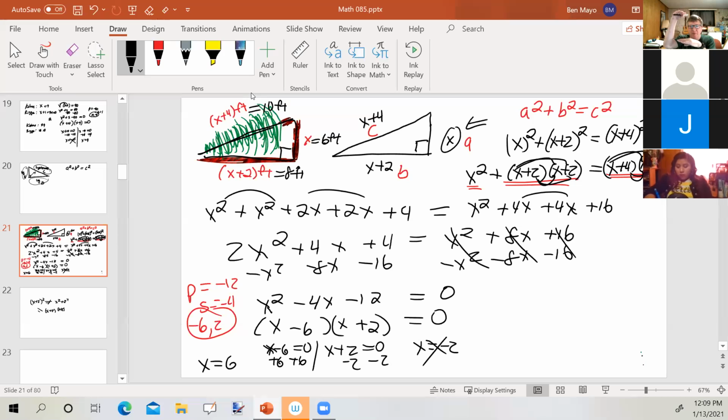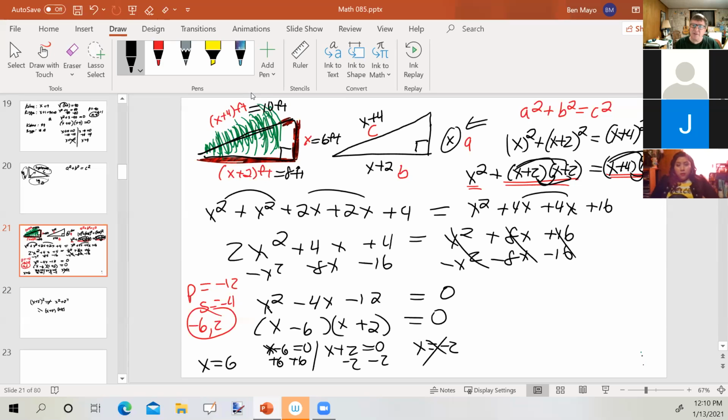So we've got a 6-foot piece of stump, a 10-foot piece of tree that's broken off, and the base of the triangle is 8 feet. Okay. What's 6 squared? That's 36. What's 8 squared? That's 64. What's 36 plus 64? That's 100. What's 10 squared? That's 100. So for our triangle, a squared plus b squared equals c squared.